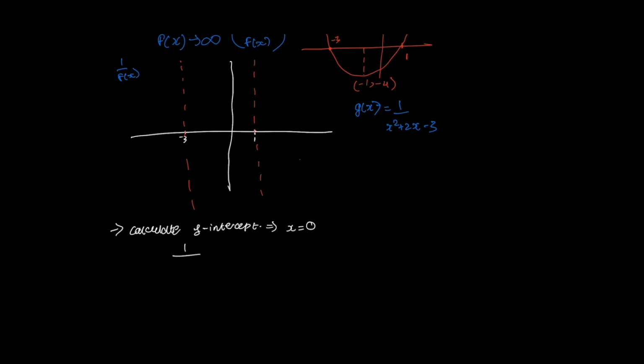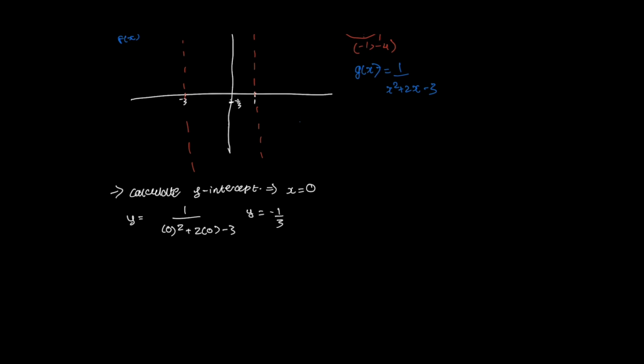So y is equal to 1 over 0 squared plus 2 into 0 minus 3. So y is equal to negative 1 over 3. So now we know that somewhere over here the graph intersects the y-axis. So now we have the y-intercept.